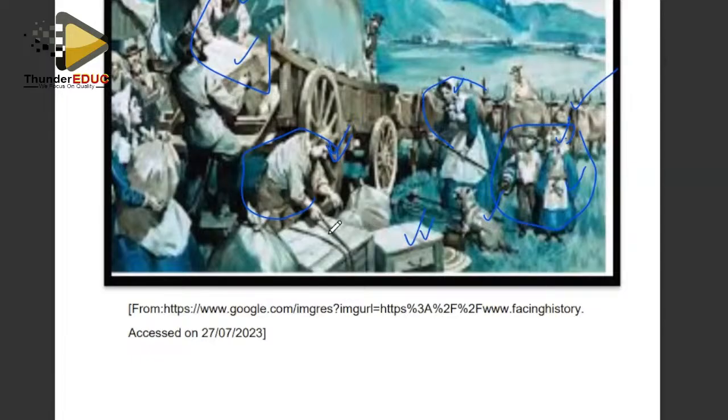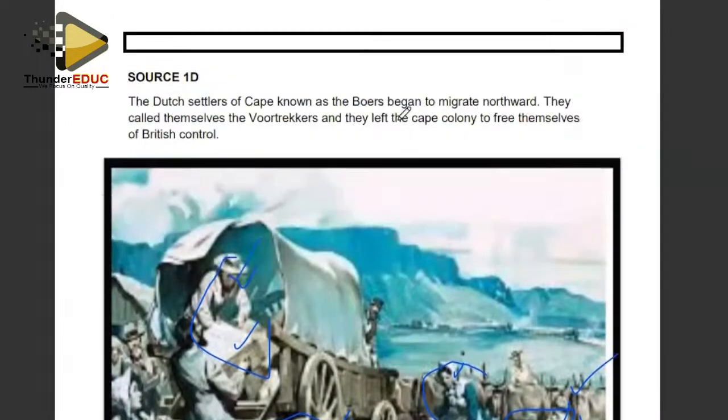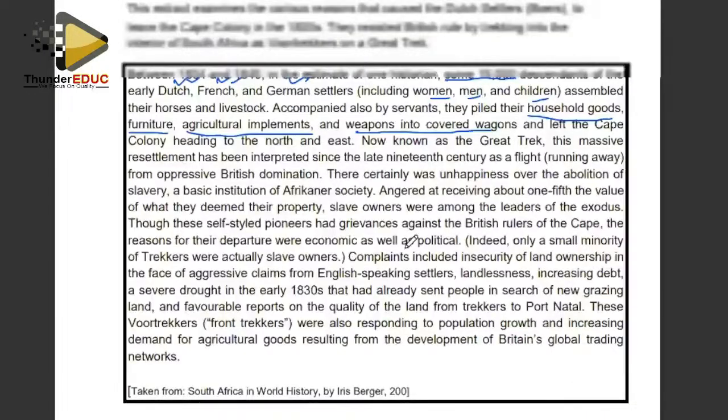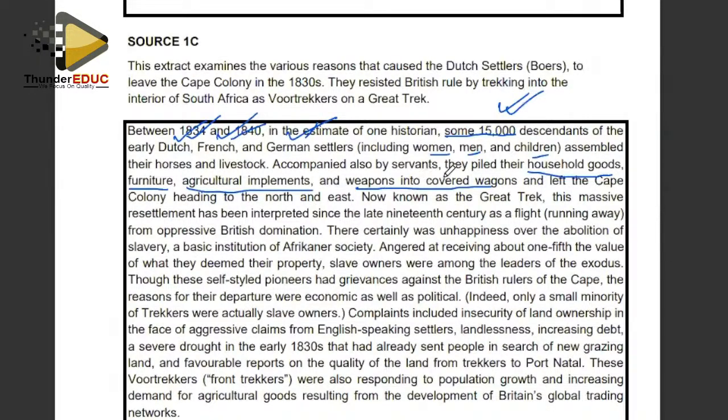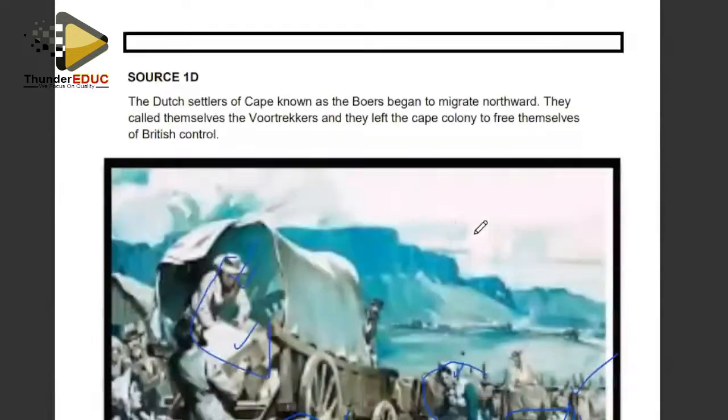Their household goods, probably they are pegged here. Whatever, it's supporting. And there's another idea here that I also want you to figure out. It's also saying they used what? Covered wagons. How is that supported? A covered wagon is shown here. This is a covered wagon.